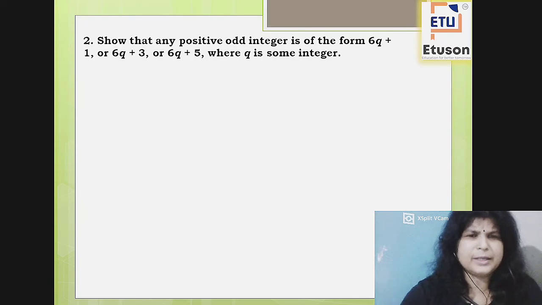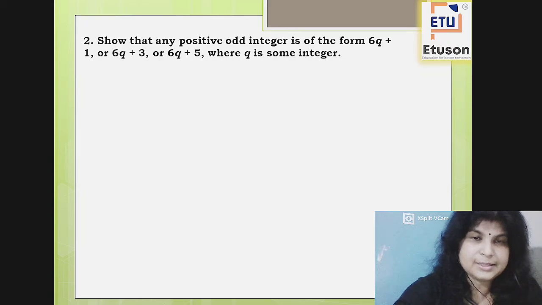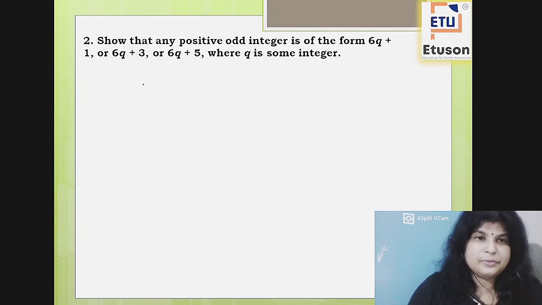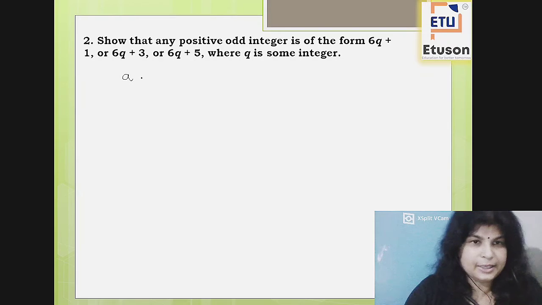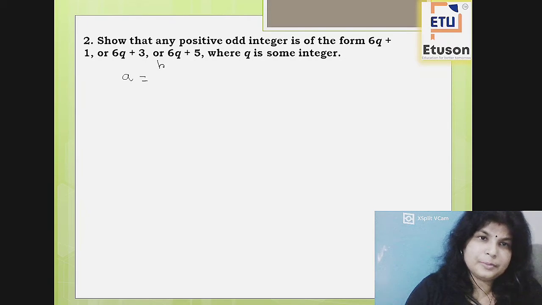So here what is the difference between this problem and the previous problem which we have discussed is, here instead of 2 or 4, b will be equal to 6. So like in previous example, so here let b is equal to 6 and a is positive integer.